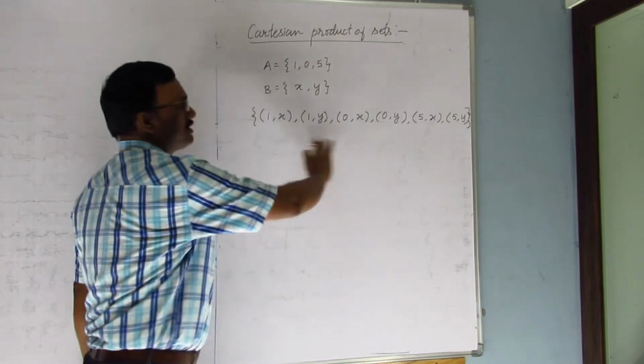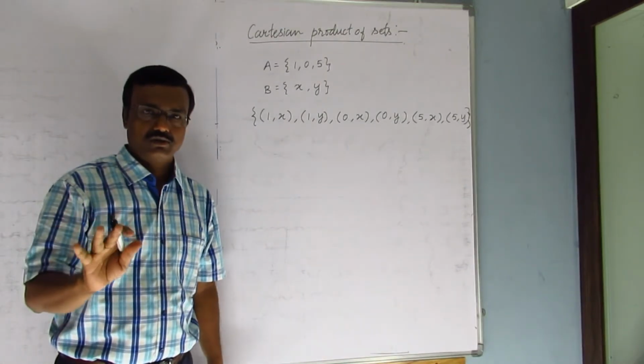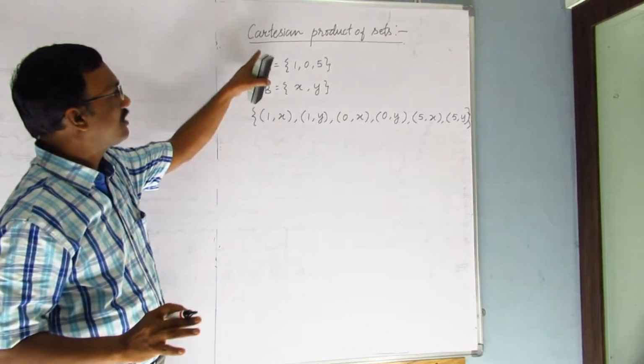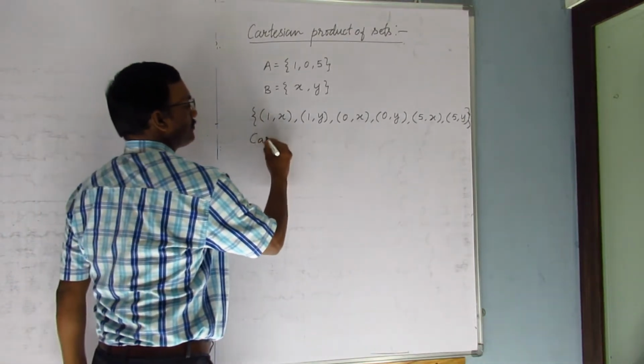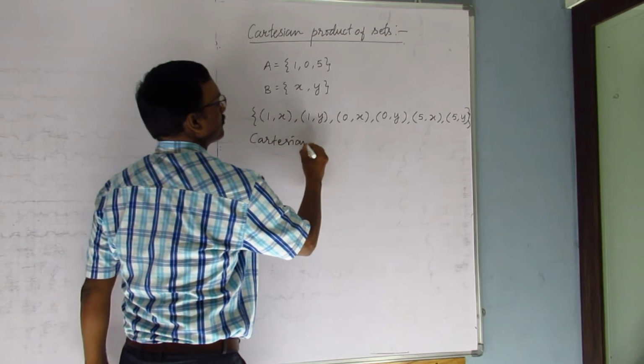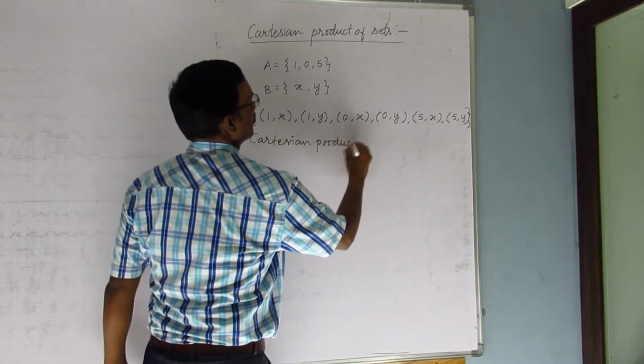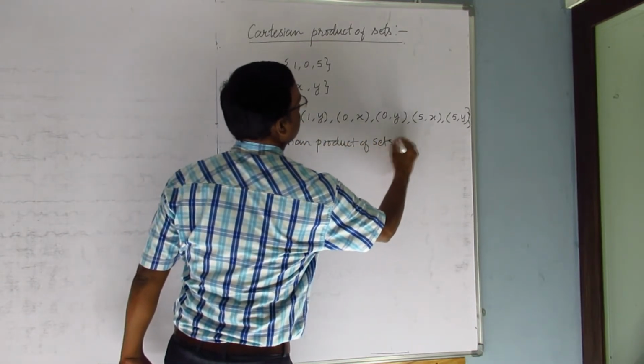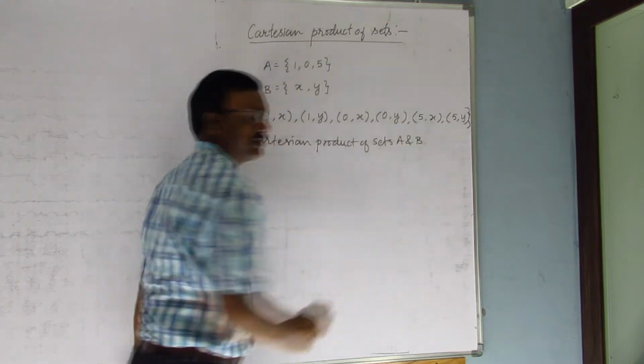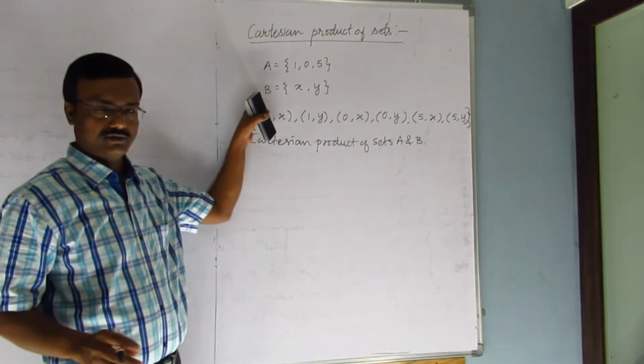So this is a set of all possible ordered pairs. This is called the Cartesian product of sets A and B. This is for these two sets A and B.